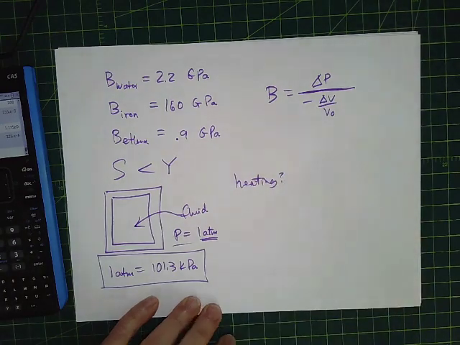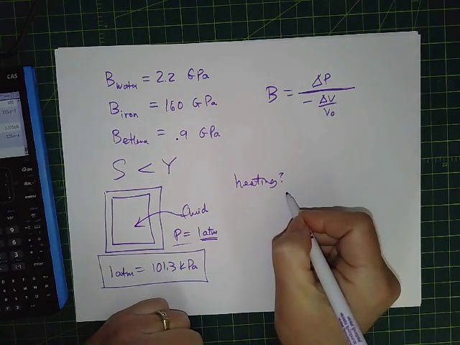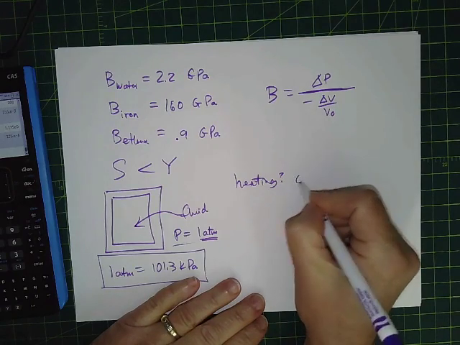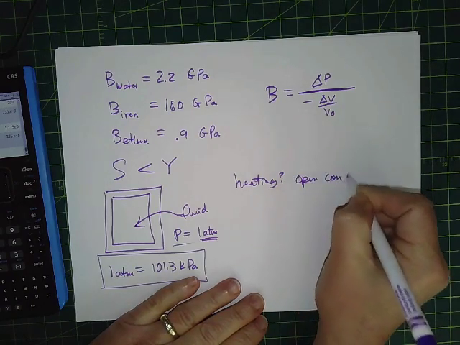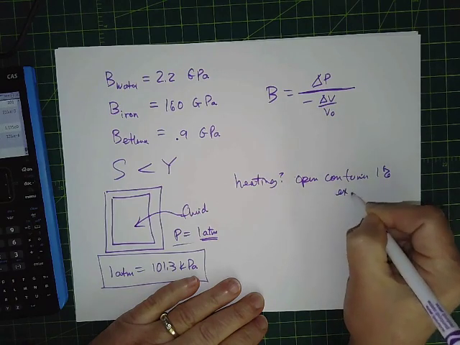So what does heating do to something? We haven't gotten to the ideal gas laws and the equations for that, but in general, we know that when things get hot, the molecules start moving faster and they want to expand, right? So if it was an open container, the volume would get bigger. Let's just say that it would have a 1% expansion.